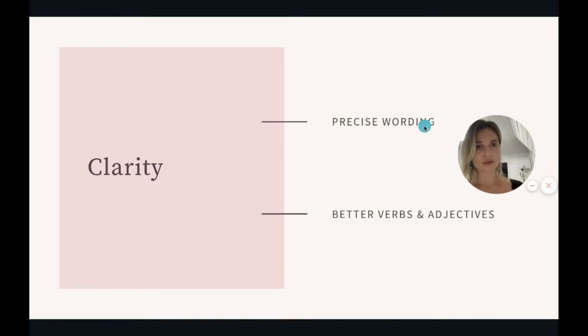As non-native speakers, I think it's important for us to communicate our ideas with more clarity, but very often we just don't know the word. We don't know the right word.